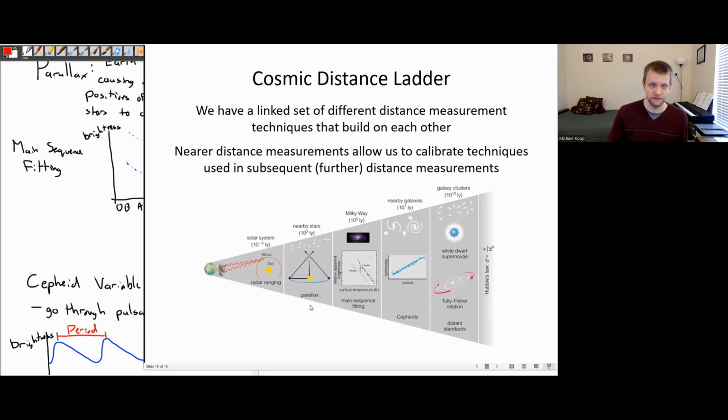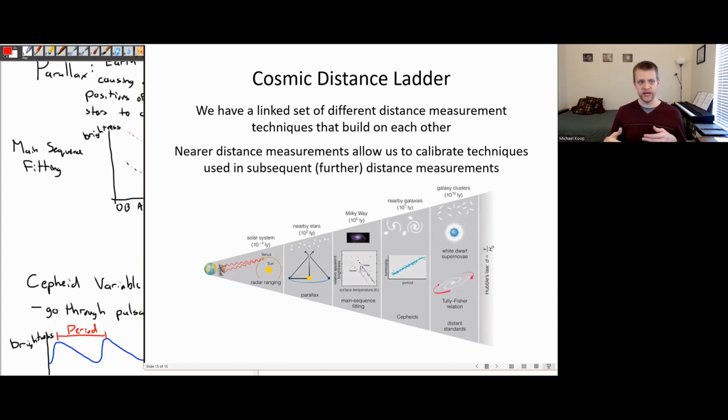nearby measurements. I've mentioned a couple of times this Gaia mission that is able to do parallax measurements for much, much larger distances. Well, that allows us to better calibrate this main sequence fitting method, which allows us to better calibrate these Cepheid variable stars, which allows us to better calibrate these white dwarf supernovas.